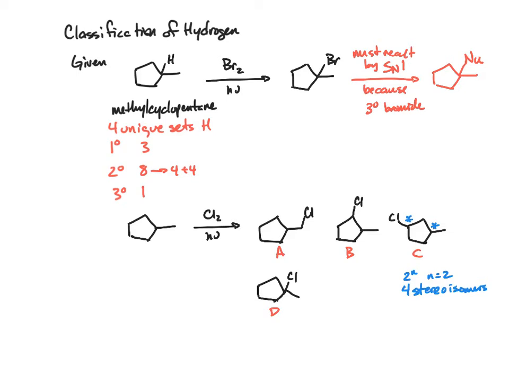From an RS standpoint? Yeah. If there's 4 of them, what are all 4? RR, SS. So we have RR, and its enantiomer SS, and then what? And its enantiomer SR. So what I'll do in green here, those are the 2 enantiomeric pairs. So then every other relationship is a diastereomer.